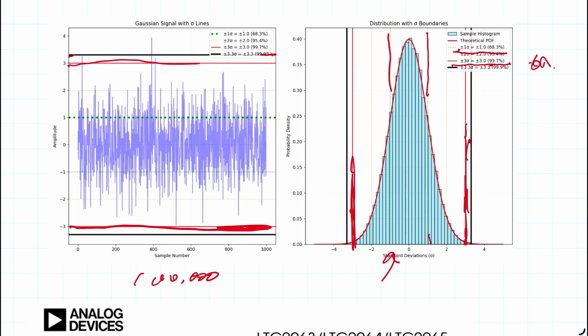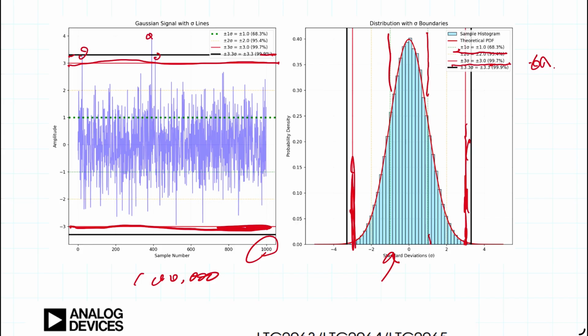So sigma, that means about 99.7% of samples, the value of 99.7% of samples will fall in this range. And with 1,000 samples here, statistically, you can see only 1, 2, 3 samples go beyond this line.